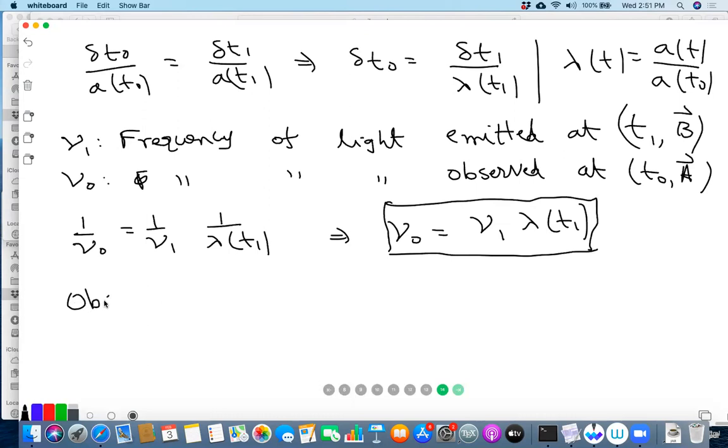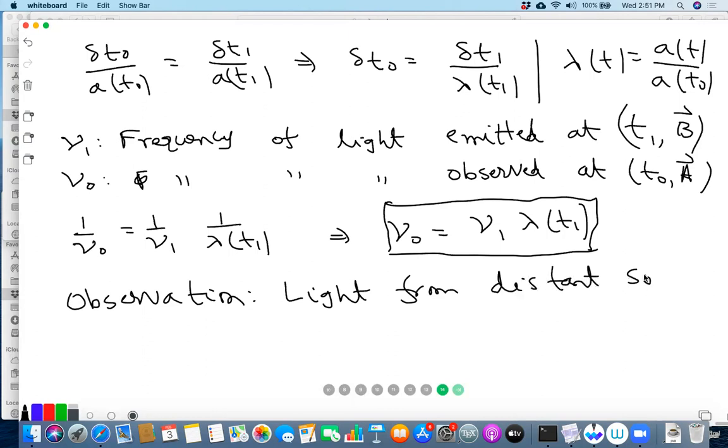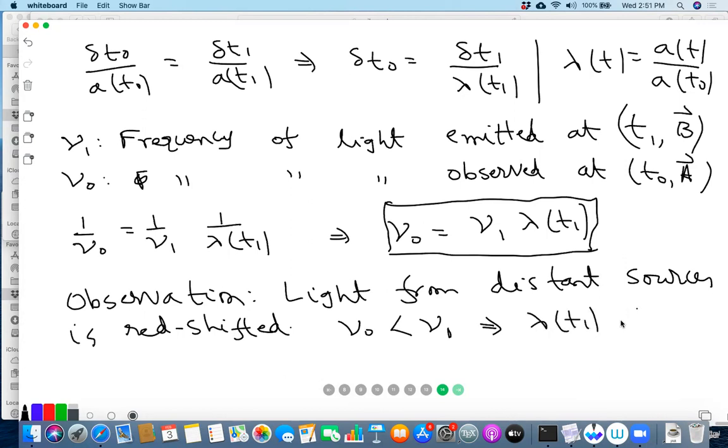Now observation tells us that light from distant sources is redshifted. This means that the observed frequency is less than nu 1. So this means that lambda t1 is less than 1.